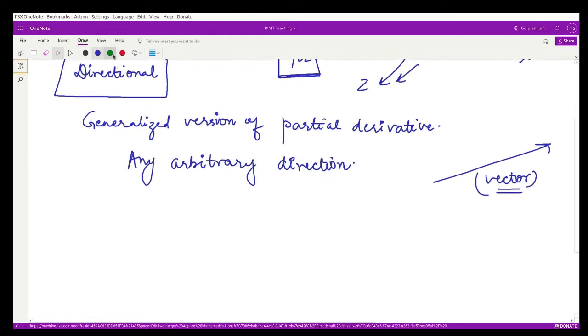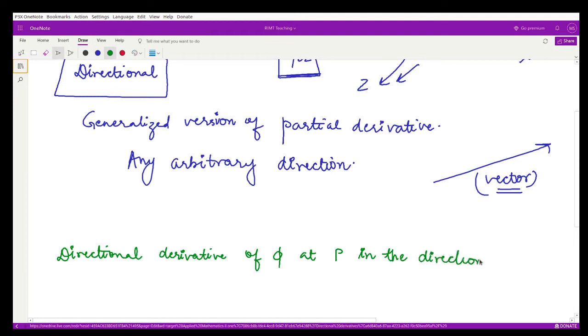So for the formula, if we want to calculate the directional derivative of the surface phi at the point P in the direction a cap, where a cap represents the unit vector in the direction I want to go.